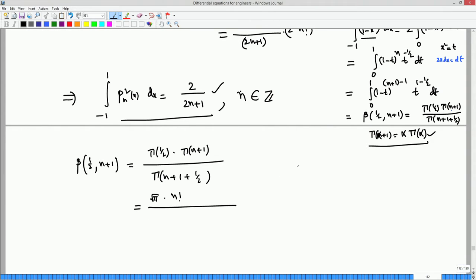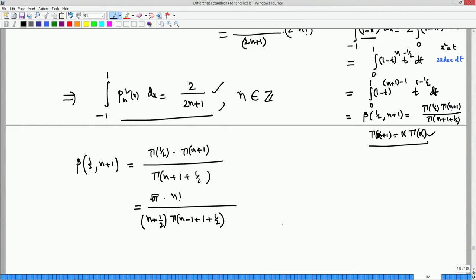You can write using this formula n plus half into gamma n plus half. Again, you can rewrite n plus half like n minus 1 plus 1 plus half.